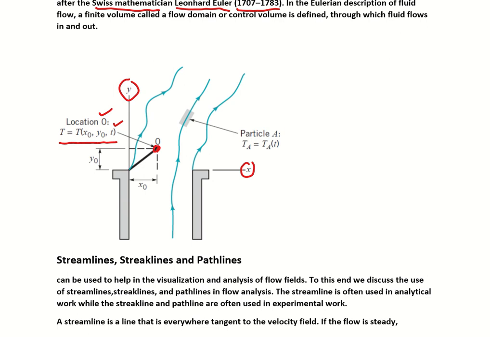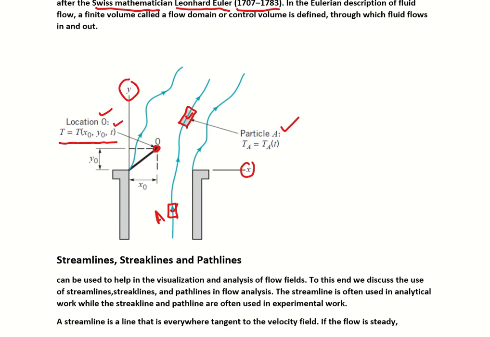Now another approach is the Lagrangian approach, in which let's say this is particle A. This is a very infinitely small particle A, and over the time, suppose this was the position at a certain time of the same particle A, it is traveling in this flow field. So over the time, if we measure the property of this particle, we tag this particle, and over the time we are measuring this property, let's say temperature of the same particle.